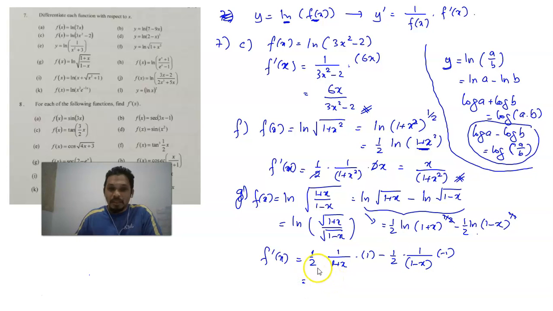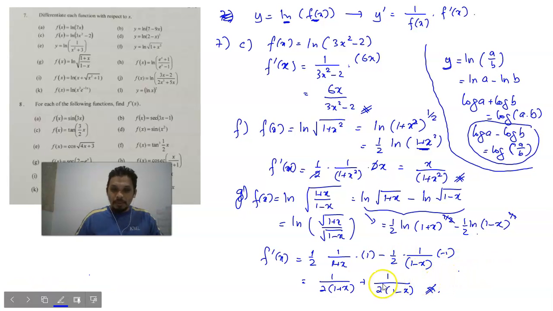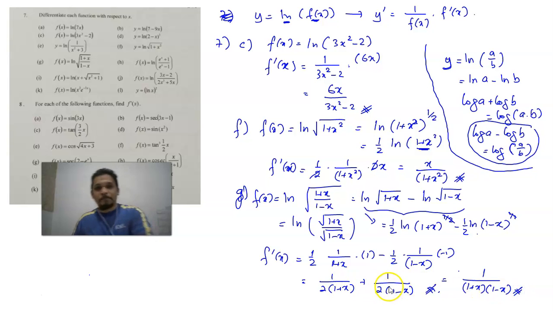So we come out with 1 over 2(1 plus x), negative with negative is positive, 1 over 2(1 minus x). There you go. Class, for this one, try to simplify this until you get 1 over (1 plus x)(1 minus x). Try yourself to simplify this one.